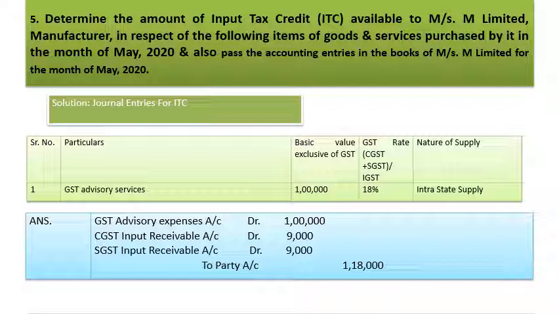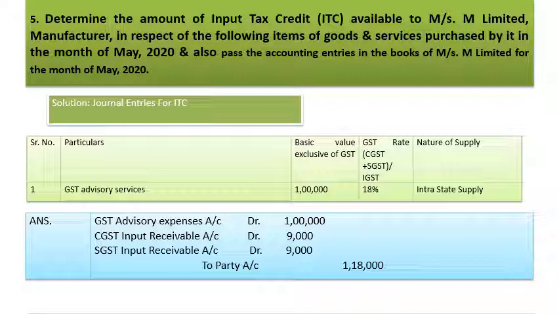Why? Because if credit is available, then you have to record CGST, SGST, but if credit is not available, then you don't have to record any amount. When credit is not available, you don't have to add it separately, you just add it to the cost price. In the next transaction, you will come to know how to pass the entries when ITC is not available.